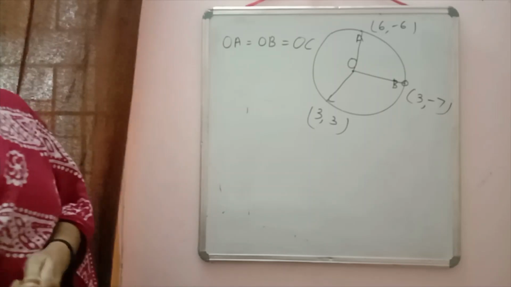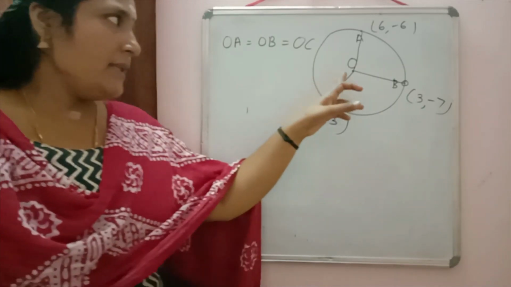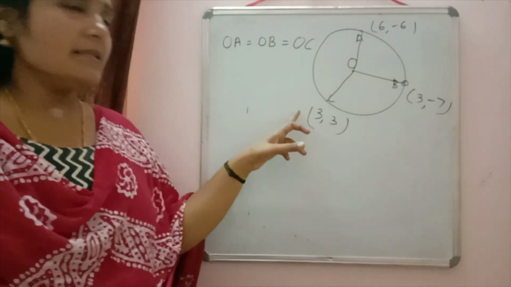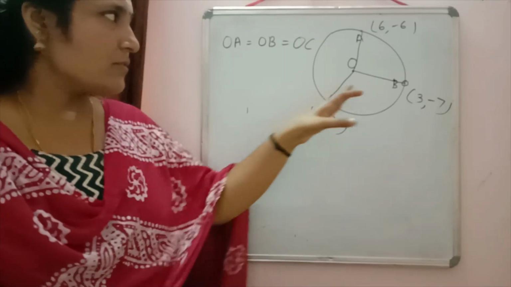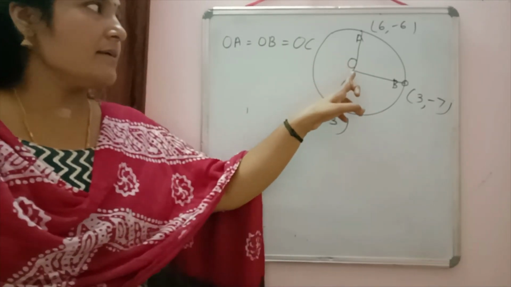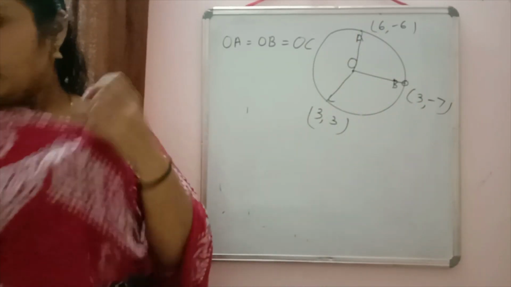Sometimes instead of asking for the center, the question can be asked this way also: find the coordinates of a point which is equidistant from these 3 points.